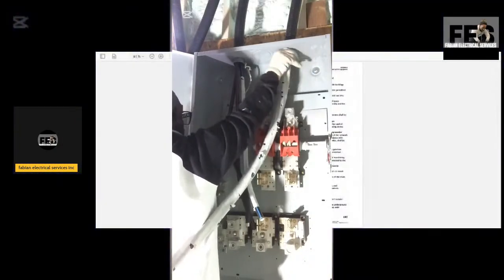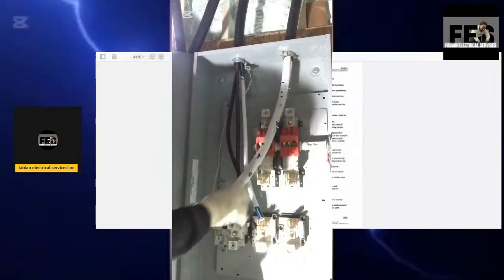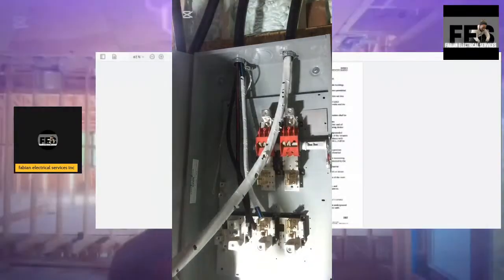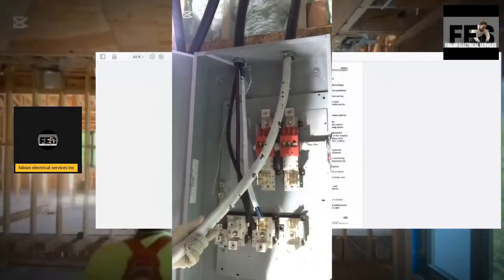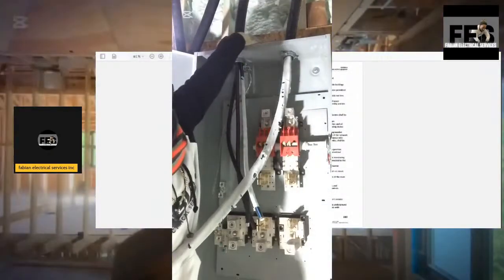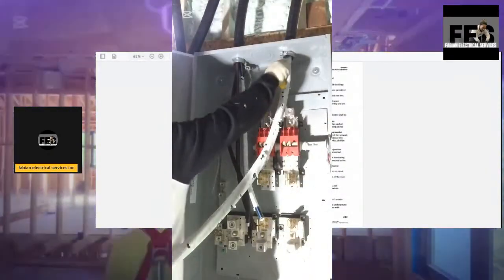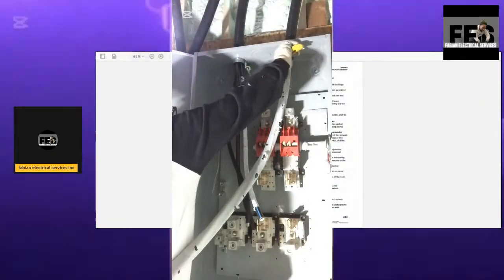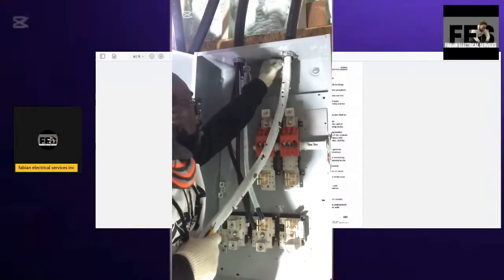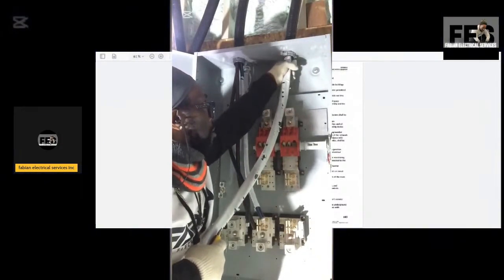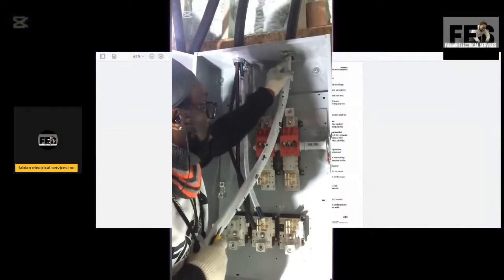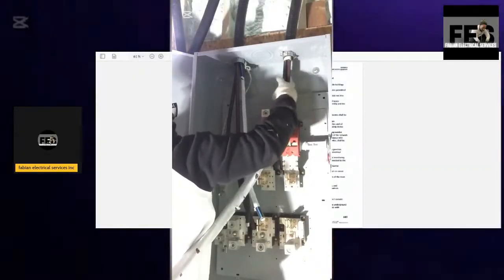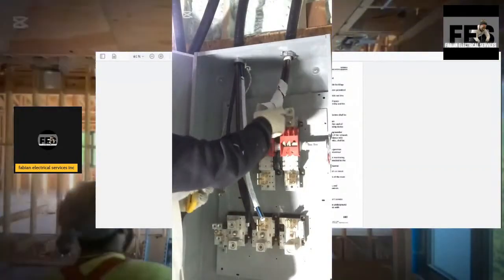So again, the reason the disconnect is here and not at the 400 amp panel is because of the code rule that states anything within 5 feet of the meter base can have the installation of the panel right away. But when it comes to any electrical installation that's more than 5 feet away from the actual electrical disconnect located outside of the home, it has to have a means of disconnect.